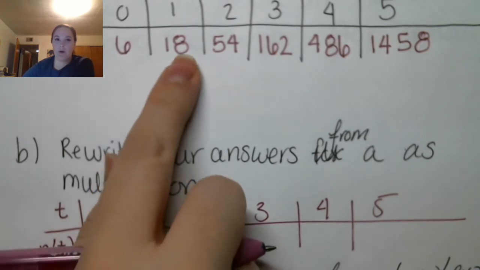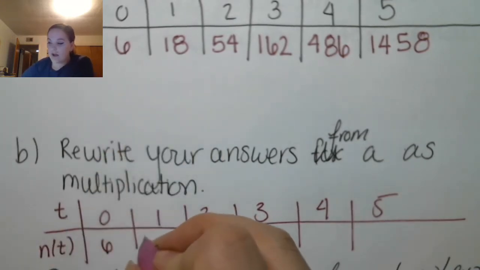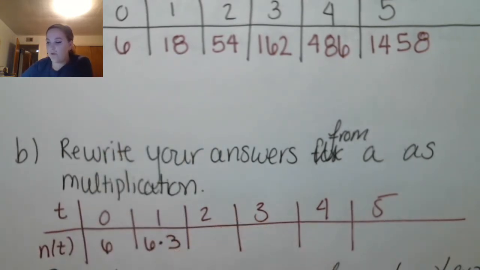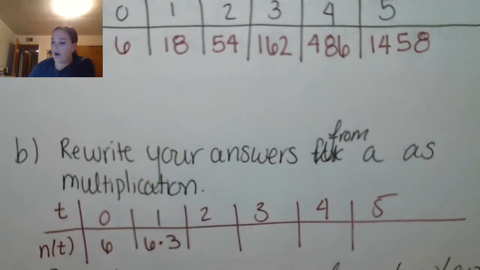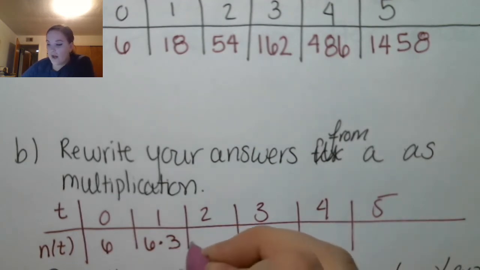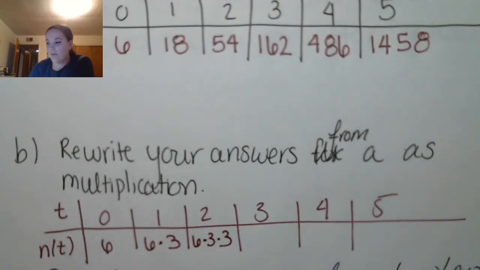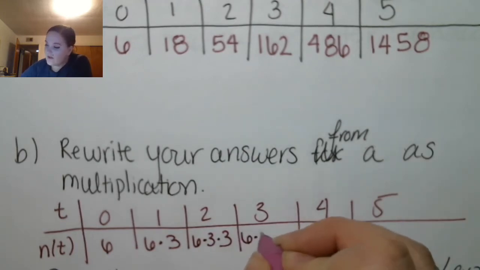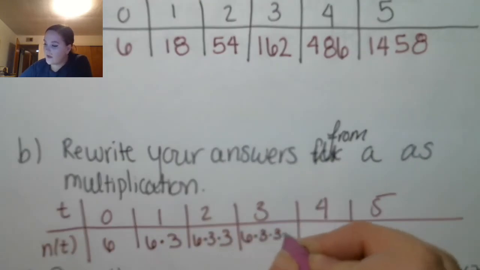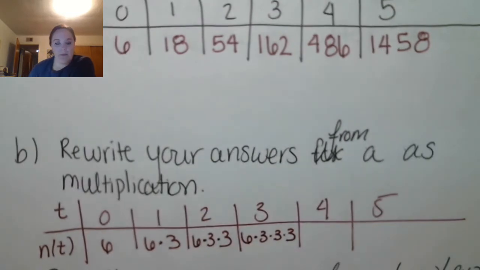Then we're going to rewrite 18 as 6 times 3, because that's the multiplication that we did to get this number. Then to get to 54, we multiplied it again, so we had 6 times 3 times 3. To get from 54 to 162, we multiplied by 3 again, so 6 times 3 times 3 times 3.